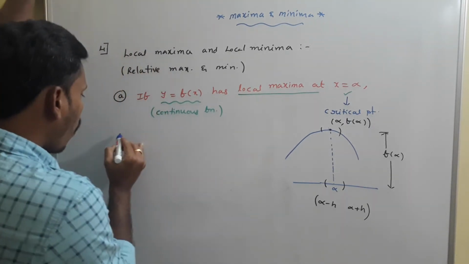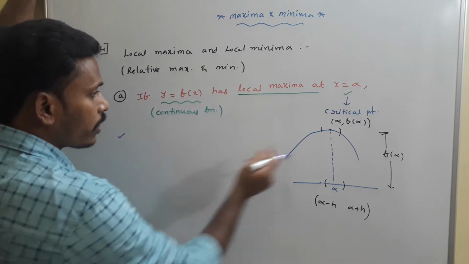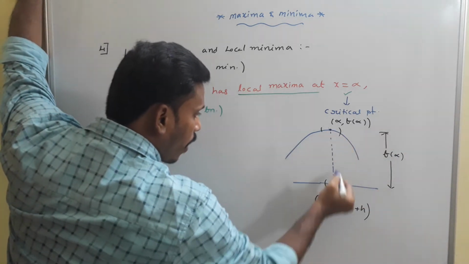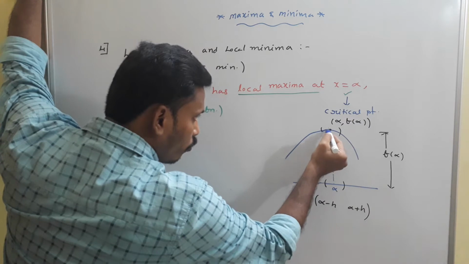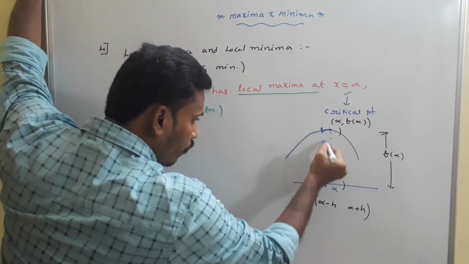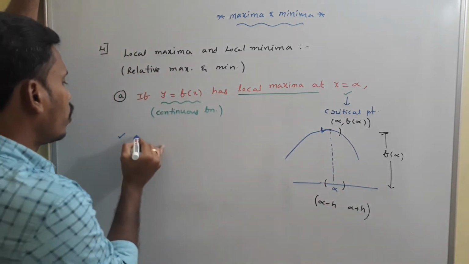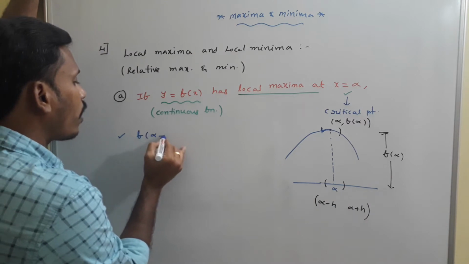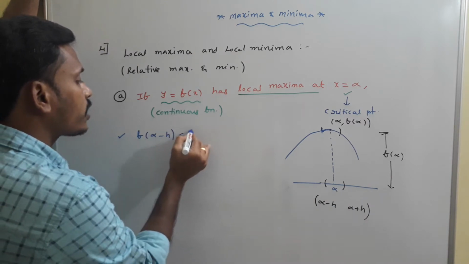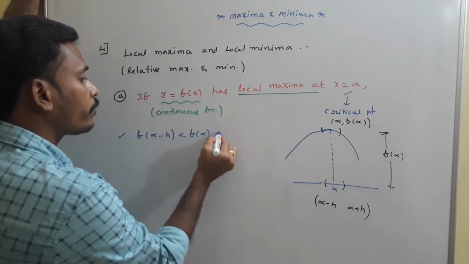In this case, one thing we need to observe is that f of alpha is the maximum height, and when you move backward, this is somewhat lesser height than f of alpha. So f of alpha minus h is less than f of alpha.